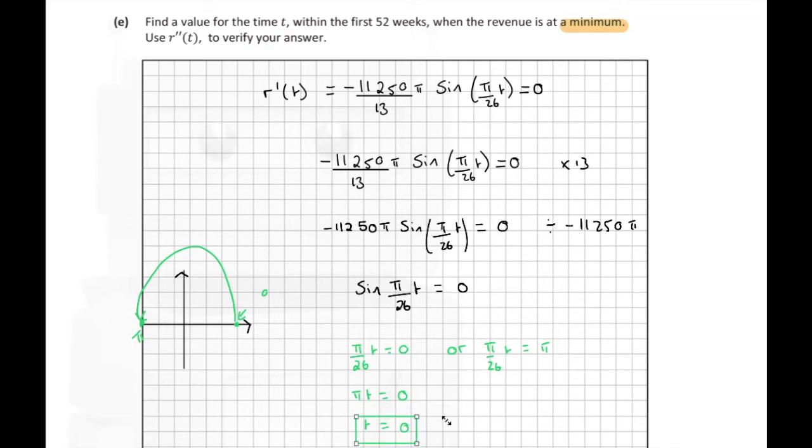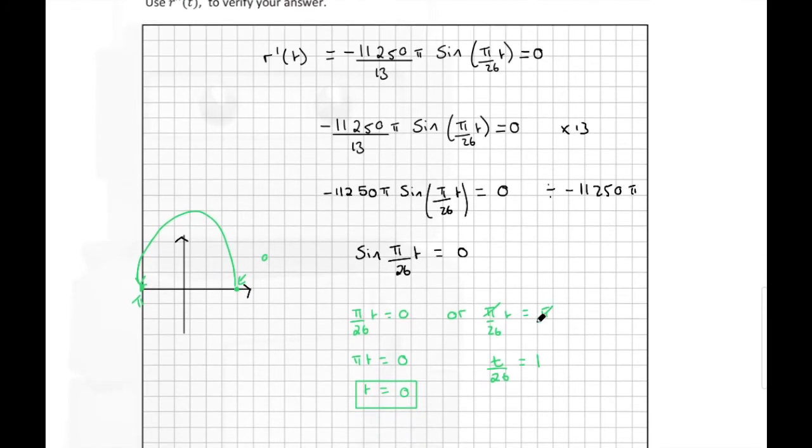The other value, I divide both sides by pi first, and then I'm left with t all over 26 is equal to 1. Pi divided by pi becomes 1. That then means that time, multiplying up by 26, is equal to 26.